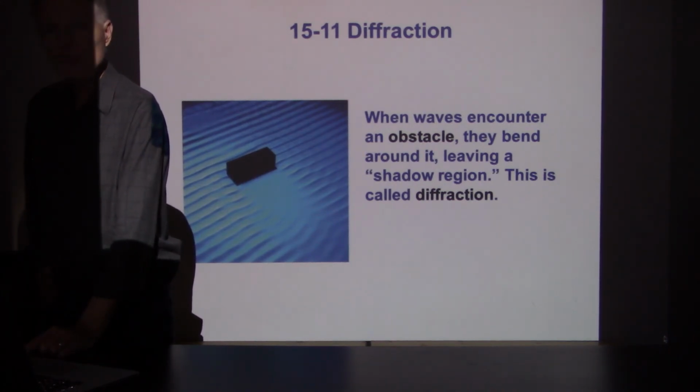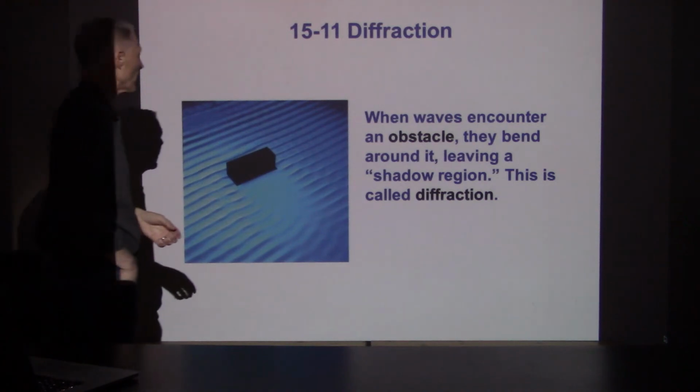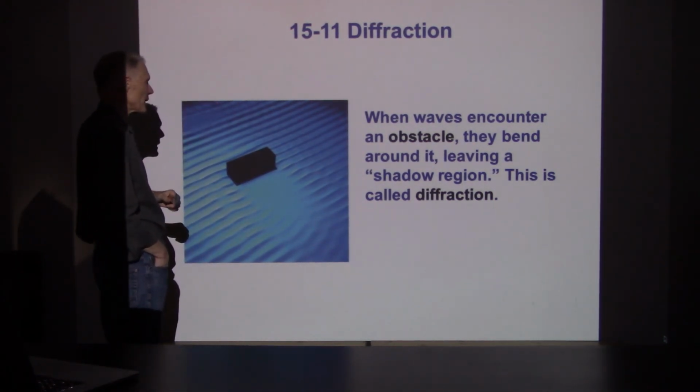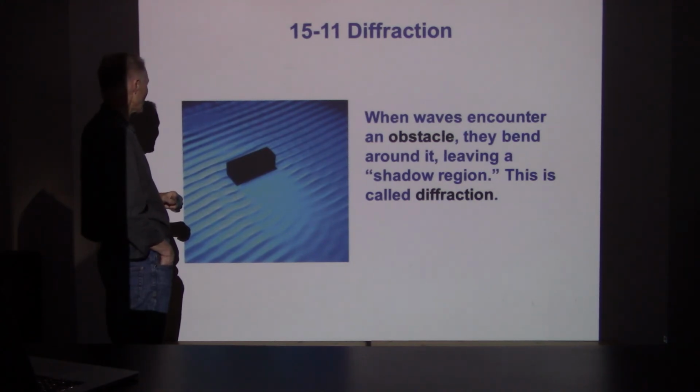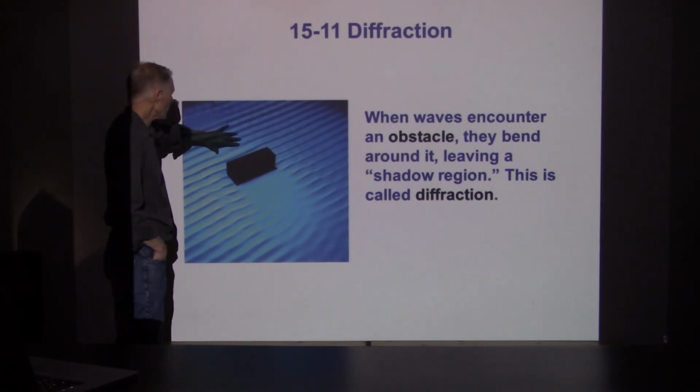Now there's another type of wave interference effect going on. Here, what is this created in? It's not water, is it? Maybe it is water. It better be a mechanical something.